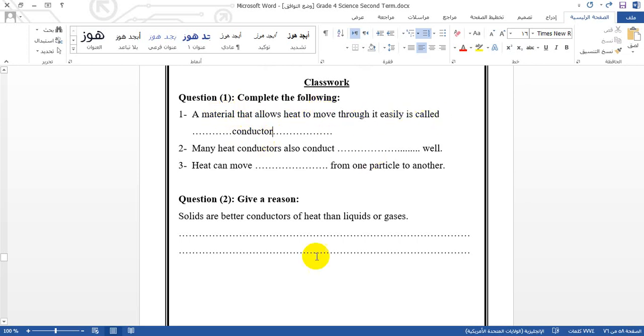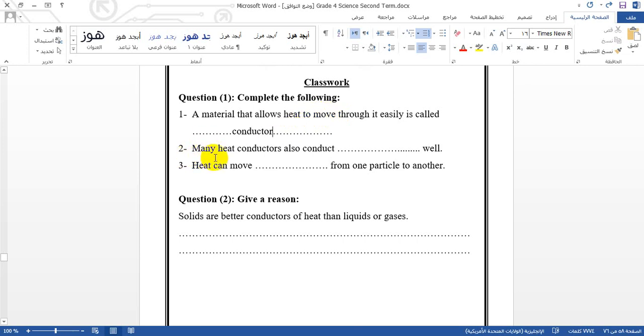Any kind of material, iron, copper, silver, gold, all of these are metals that allow heat to move from one object to another, like the wire of our house that we use in the house or anywhere. The wires are made of copper.